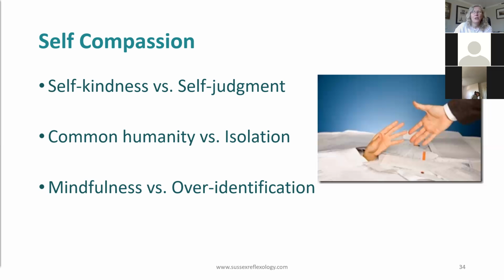Then common humanity versus isolation is the recognition of one's place in shared humanity. In other words, acknowledgement that people are not perfect and that personal experience is part of the larger human experience.